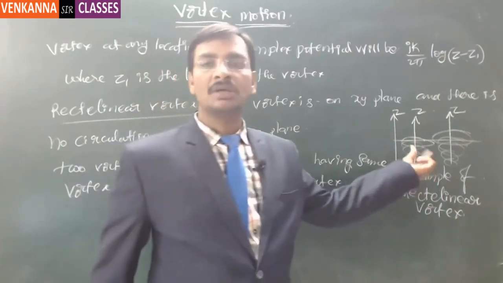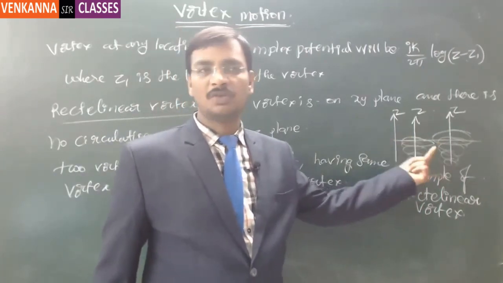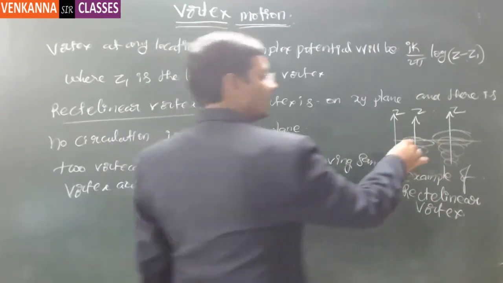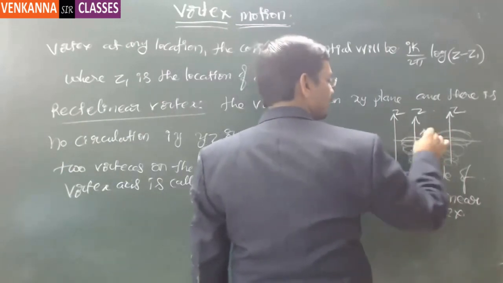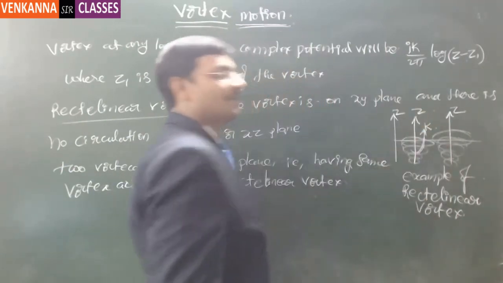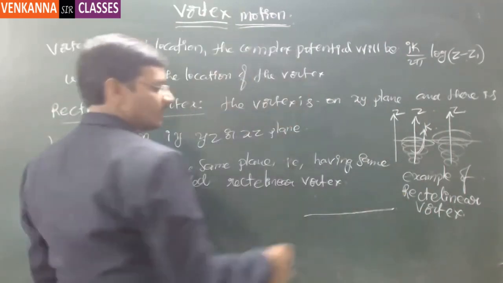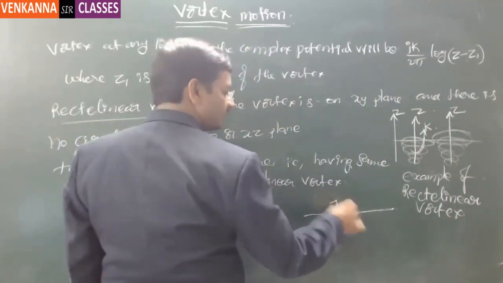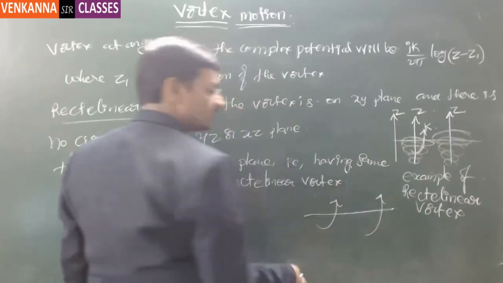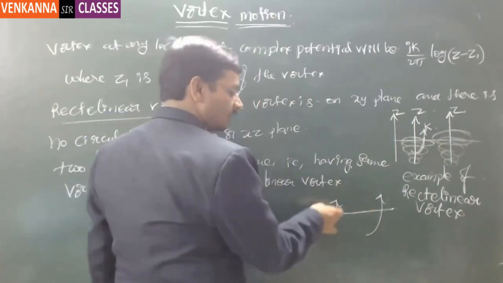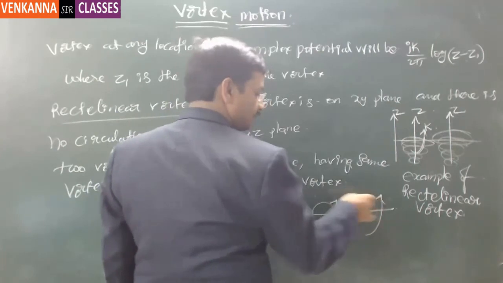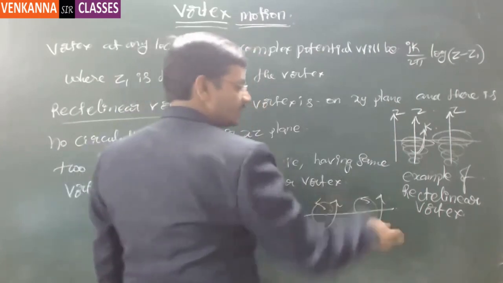These two can have the same orientation or a different orientation. That's why the orientation is represented like this. Suppose this is the line of axis and there is an orientation like this and another orientation like this. That means both are rotating in the same direction.